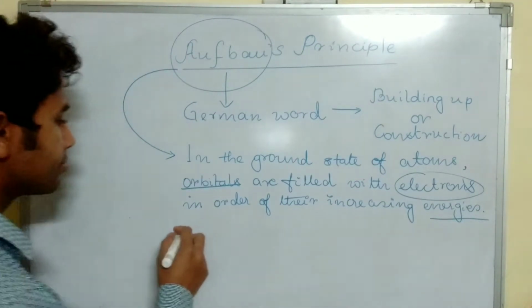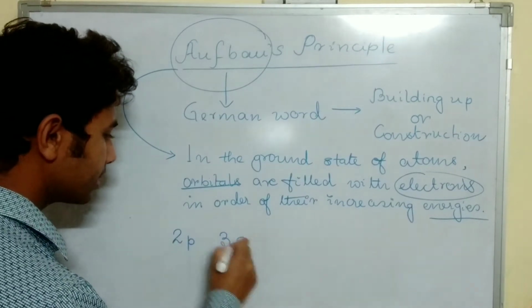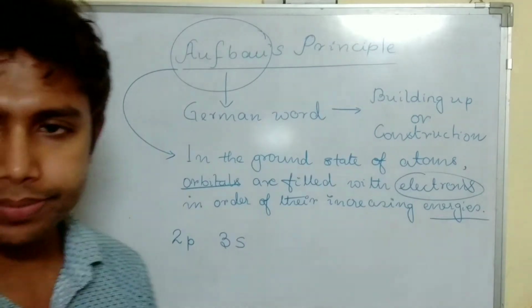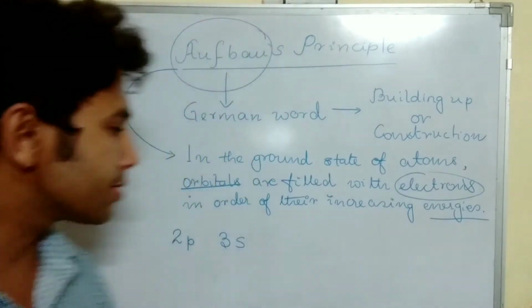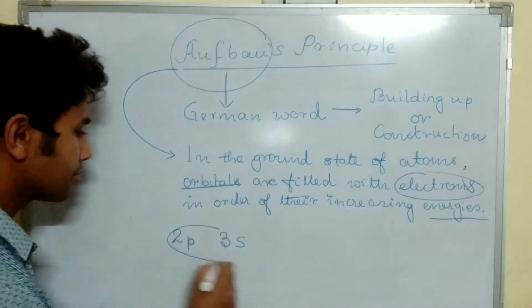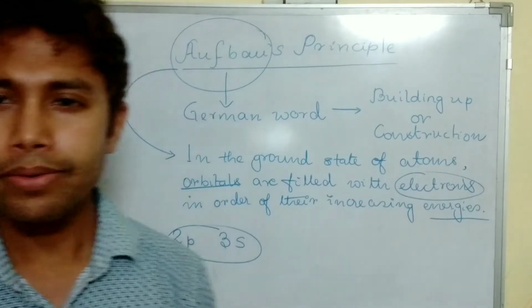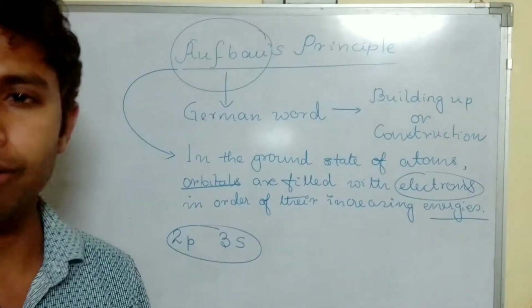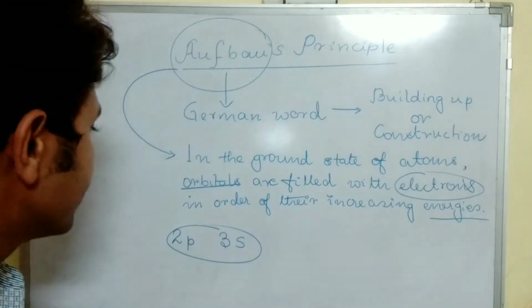If we have 2p, 3s, now if we have these orbitals, then how may we conclude which one has lower energy and which one has higher energy?